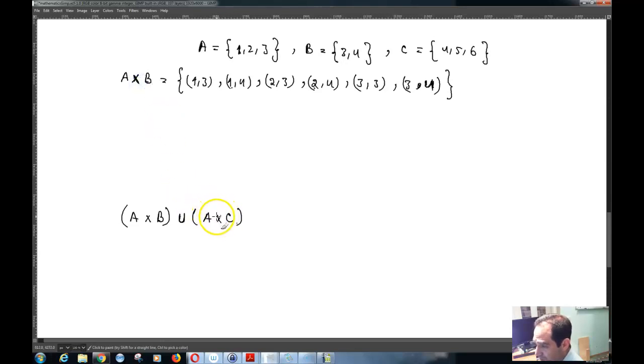Now the Cartesian product of A and C is going to be equal to the Cartesian product of these two sets, so you will get 9 pairs over there.